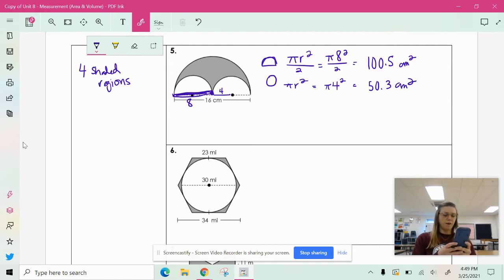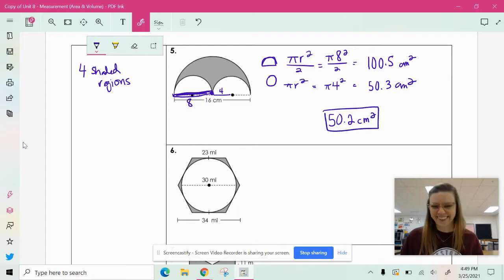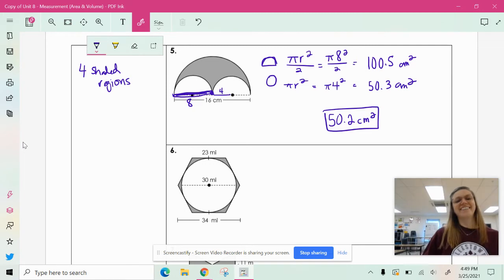So 100.5 minus 50.3 is 50.2. And I did not actually need a calculator for that.